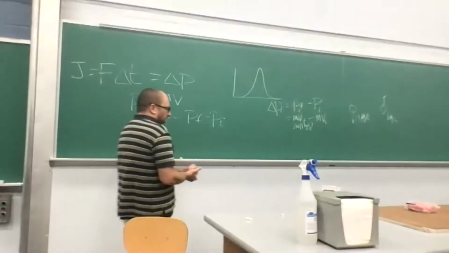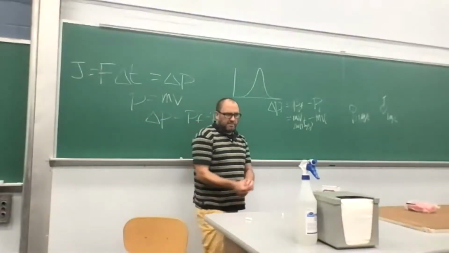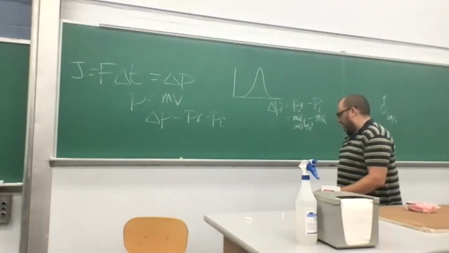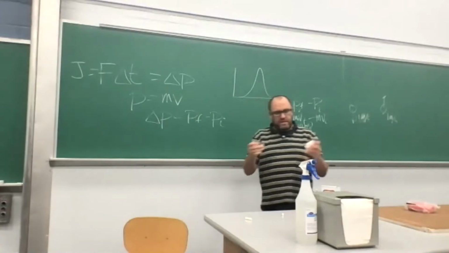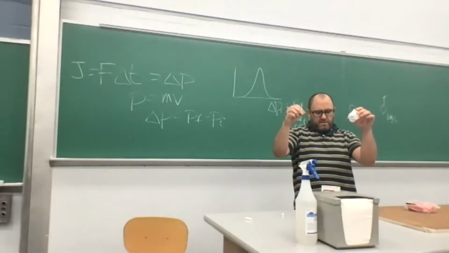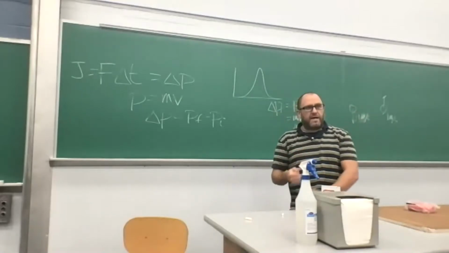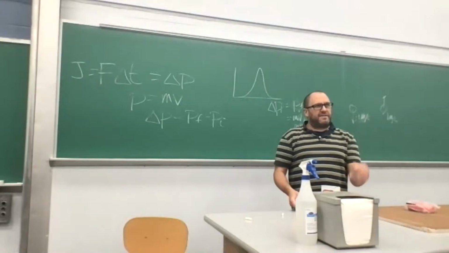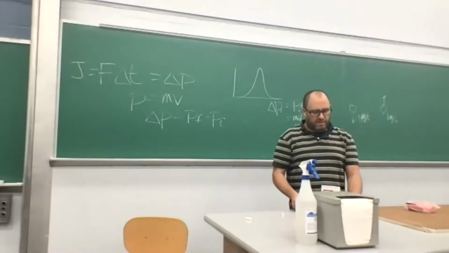This weighs about, I guess I lost my bouncy ball. Oh well. Oh, there it is. Okay. So these are about the same. And if I drop one, okay, this one didn't bounce. So it just kind of sits there. So its collision time is much longer.